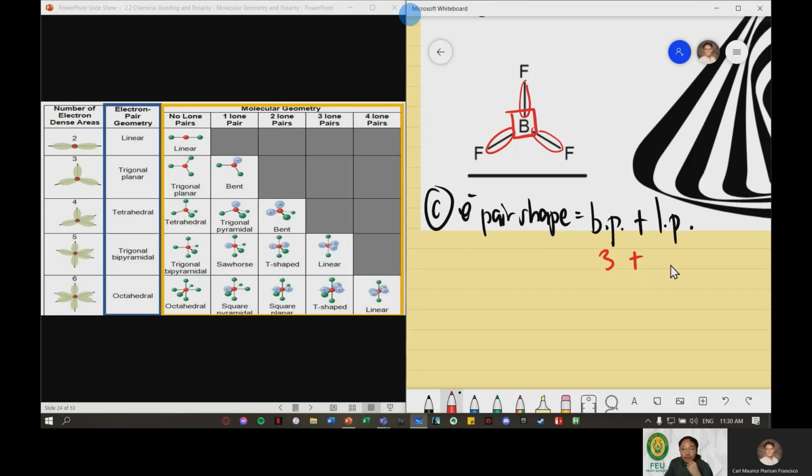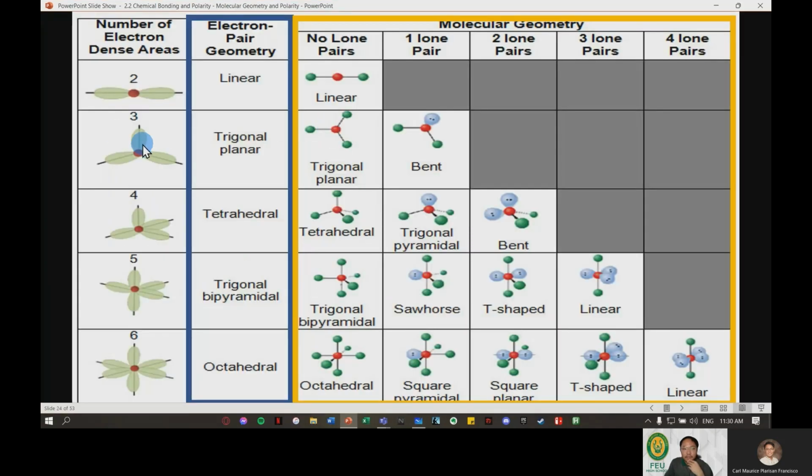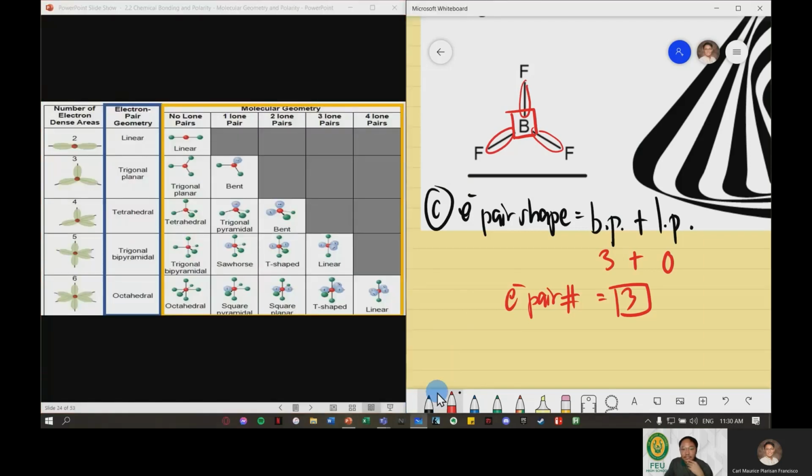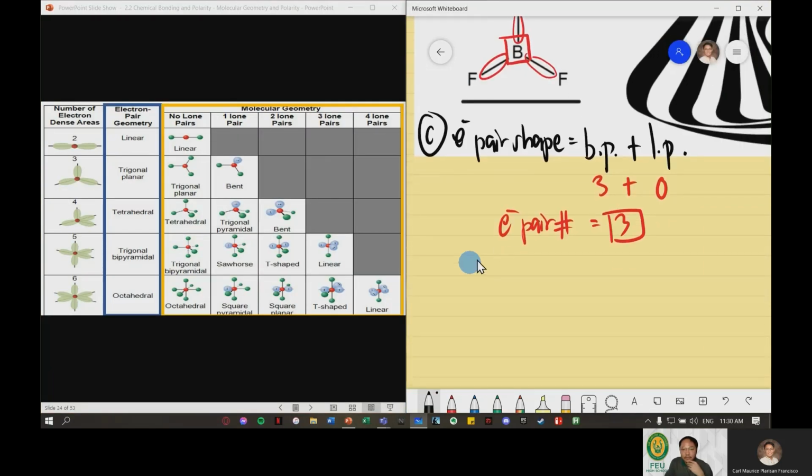My central atom boron doesn't have any lone pair. So my E pair number is 3. Now look at the table, number 3, electron pair shape. It has aligned in trigonal planar. So I shall write my answer as trigonal planar.